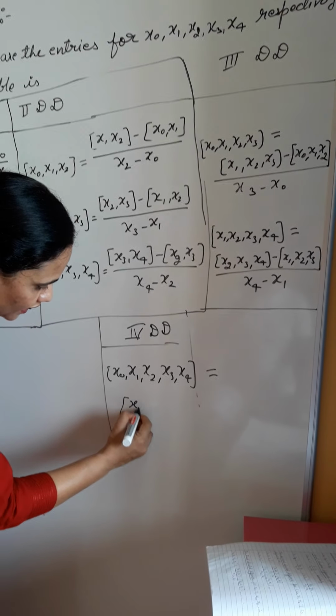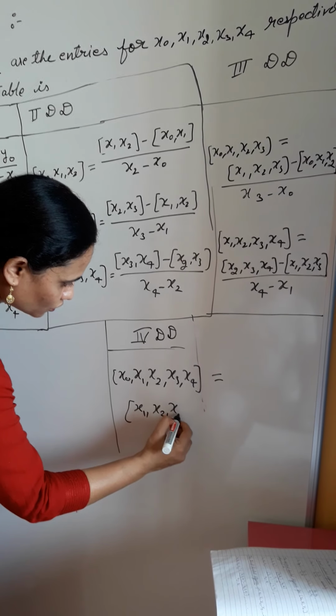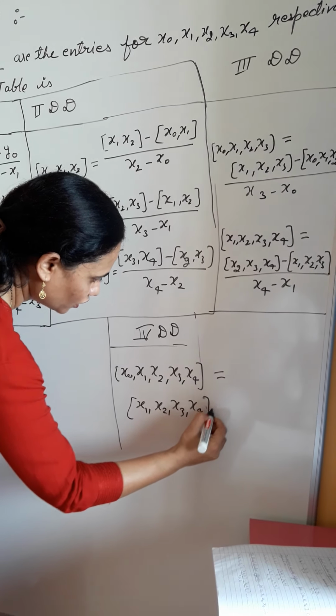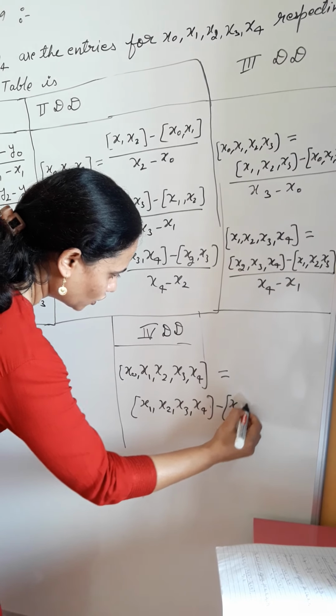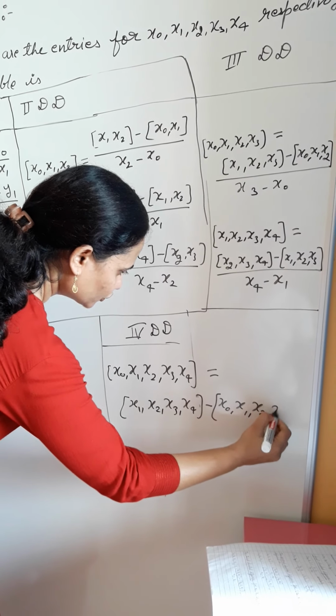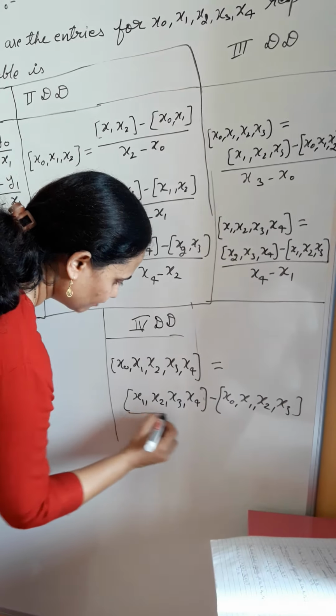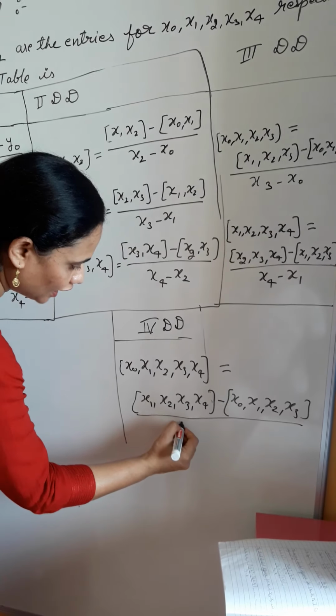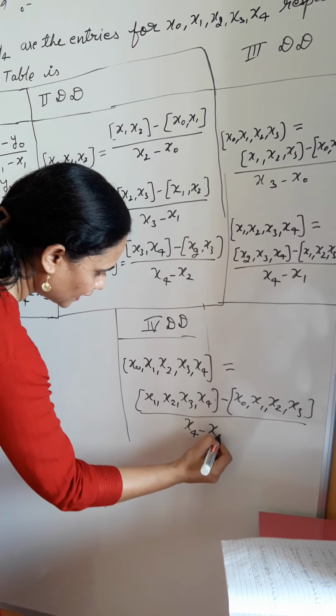Now we have to take x1, x2, x3, x4 minus x0, x1, x2, x3, divided by the extreme values again, x4 minus x0.